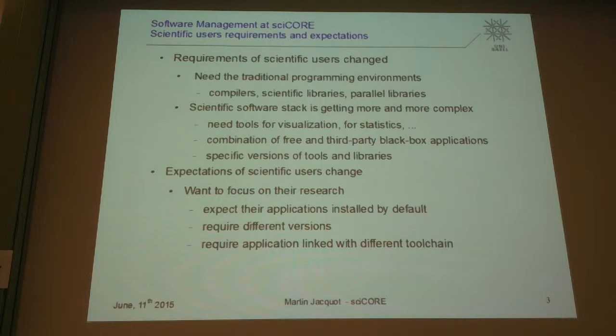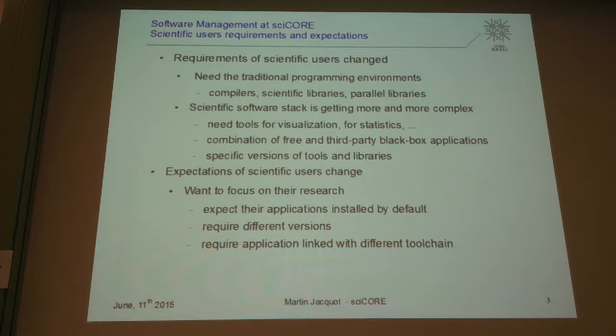First, in software management, we have seen that the requirements from users have changed over the years. The first time when I started in HPC, people needed a compiler, some libraries or some parallel libraries, and they were happy. Maybe you put in one or two applications for chemistry or physics, and you never heard from the people again.